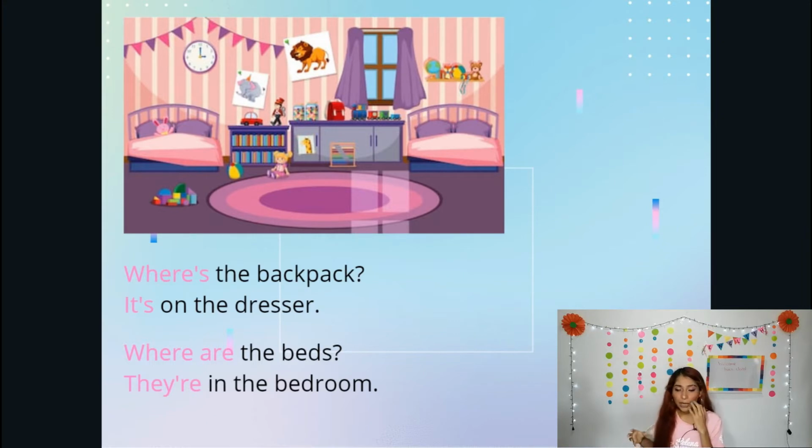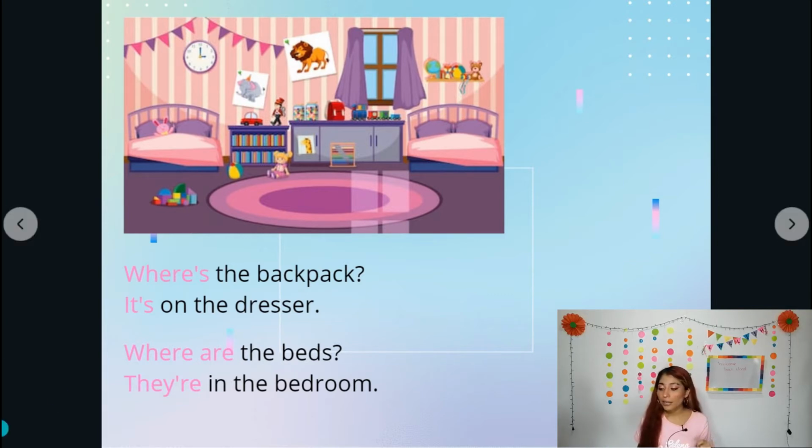So in this case, we are going to practice and use the prepositions of place that we learned: under, in front of, in, between, next to, and the rest of the prepositions of place that we learned when we were studying these English classes. So we might say it's, because it's singular, it's only one. It's on the dresser, sobre, on the dresser, and this is the dresser, and the backpack is on the dresser.